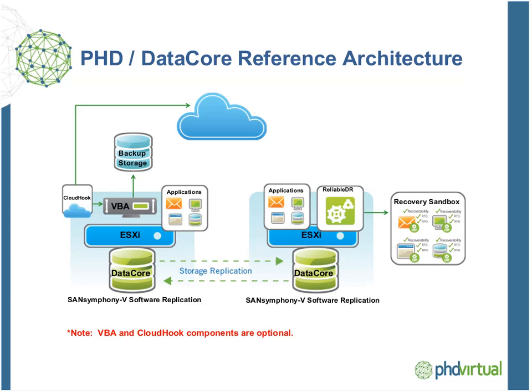Now, just to clarify what I meant by app awareness here is that DataCore ensures that your data is protected across sites at the data store level in a VMware environment. What PHD is going to do, what Reliable DR is going to do, is go into those replicated data stores and verify that the virtualized applications within those data stores are recoverable.